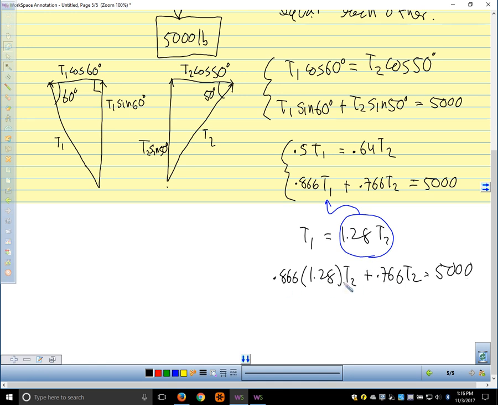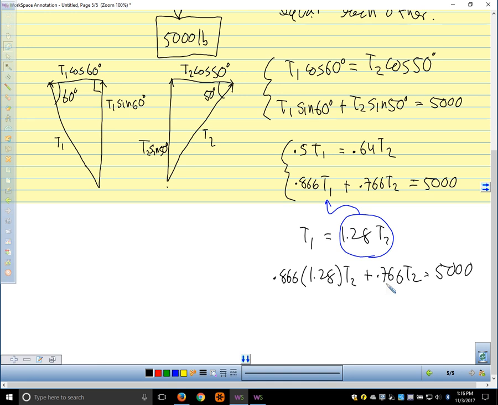Well, I can combine these together. I'm calculating on the fly here. Times 1.28.